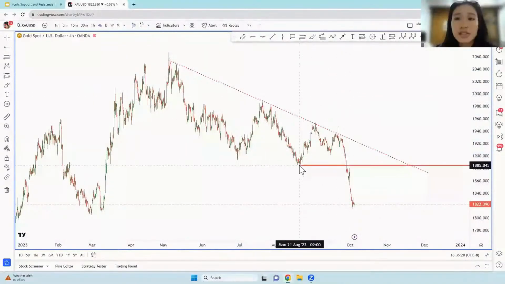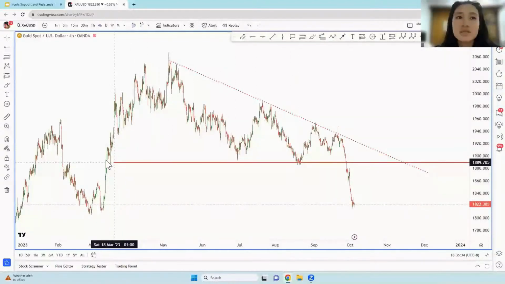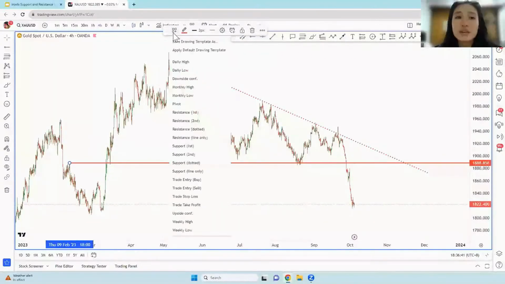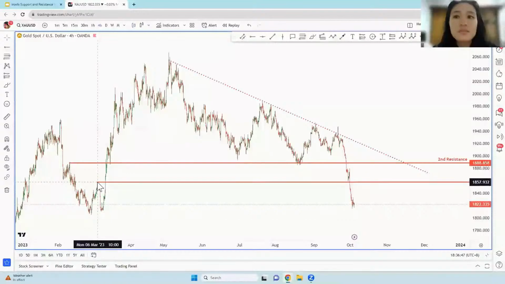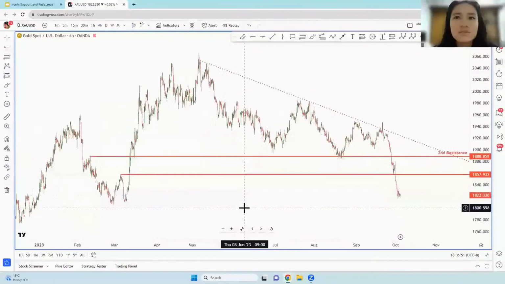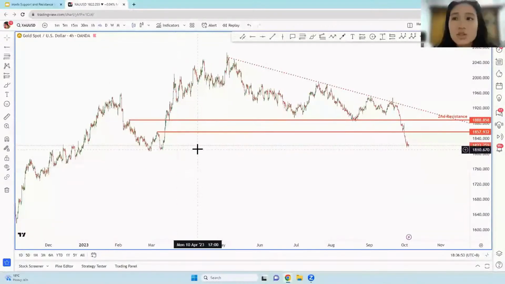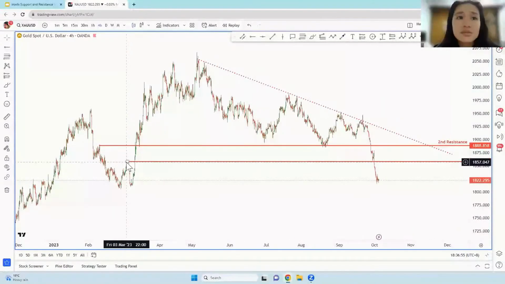Now that I've done that, the next step is to go in with support and resistance levels. Here is my second support, second resistance, my first. Let me see if I can find a closer resistance level.